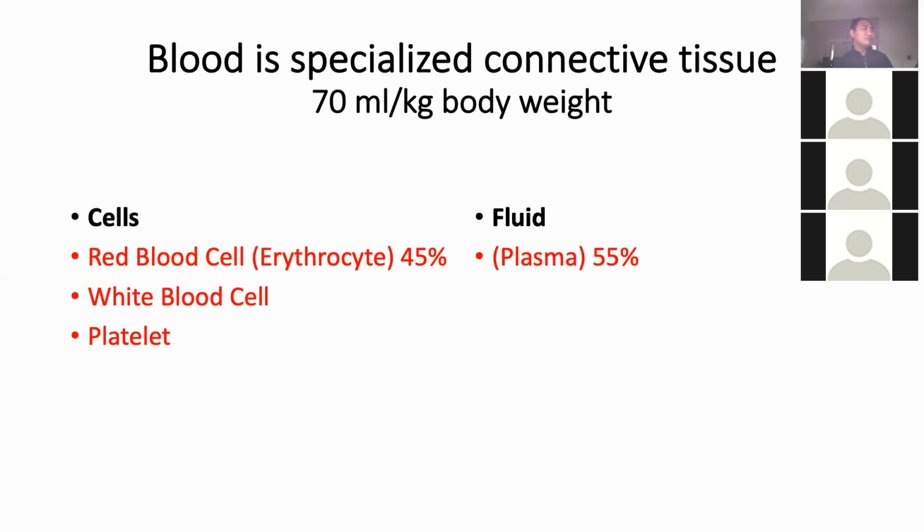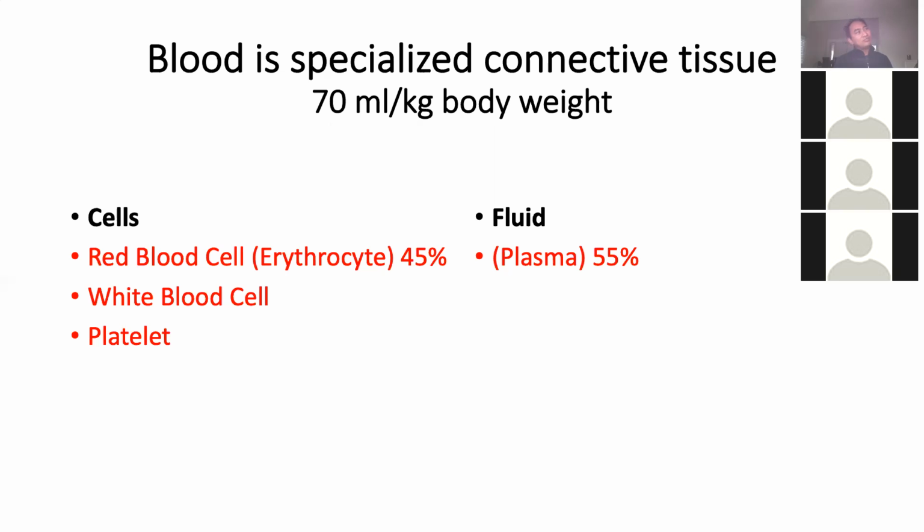So what is blood? Blood is a specialized connective tissue. What is the volume of blood in our body? On average it is about 70 ml per kg body weight. If I am 70 kg, I will have about 4,900 ml, in other words about 5 liters of blood.